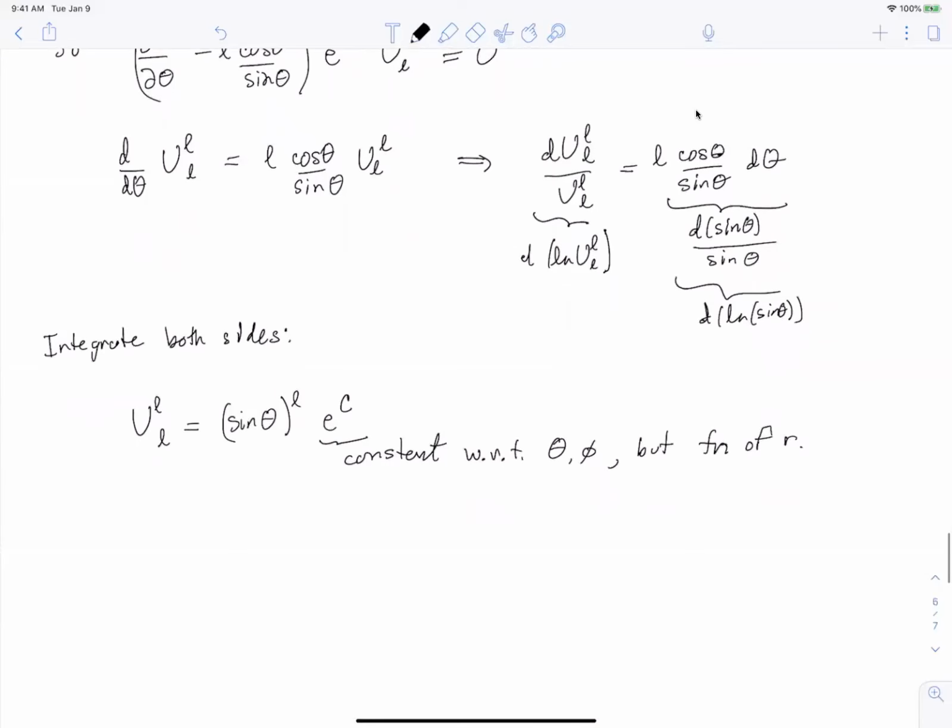So finally, we've got u_LL is equal to some function of r, which by the way can also depend on what n is, times sine theta to the L-th power.